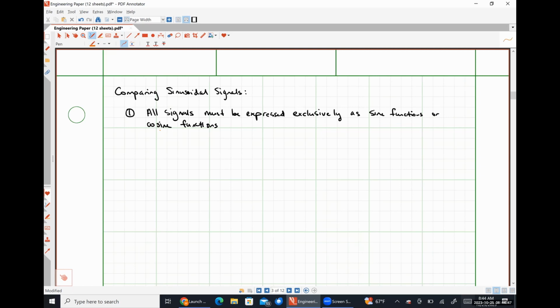Electrical engineering uses a cosine function as its basis, which is why I explicitly only asked you to remember that first trig identity: convert any sine function into a cosine function by subtracting 90 degrees. Okay.